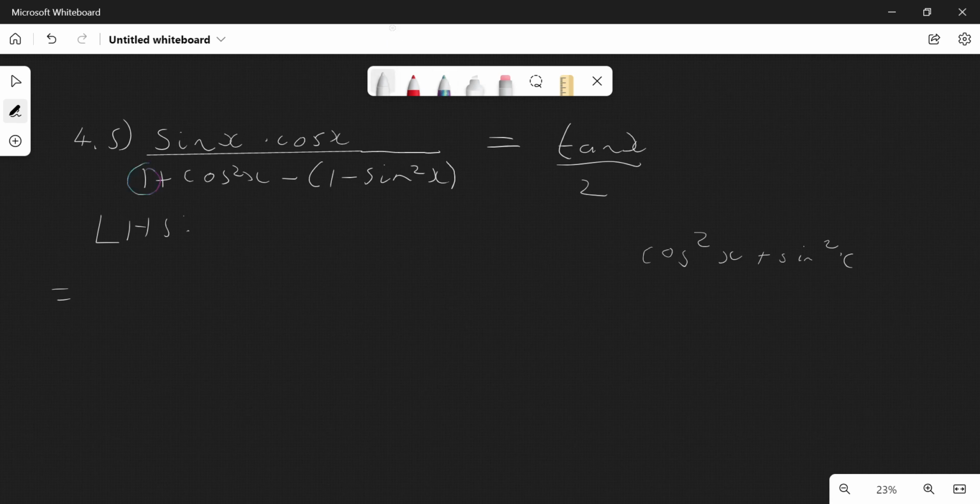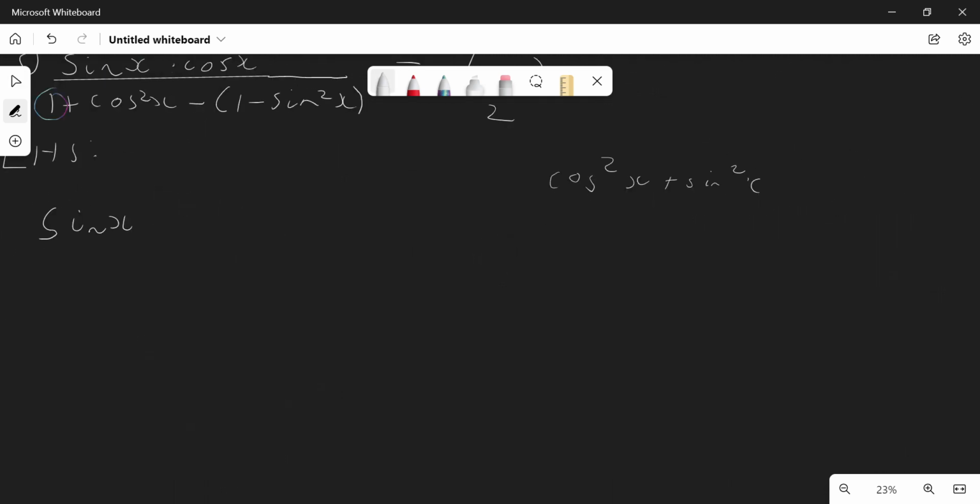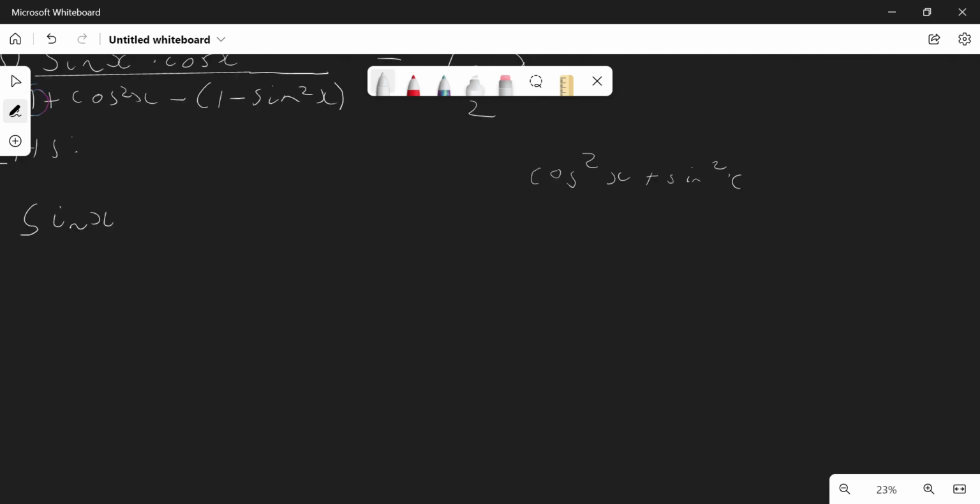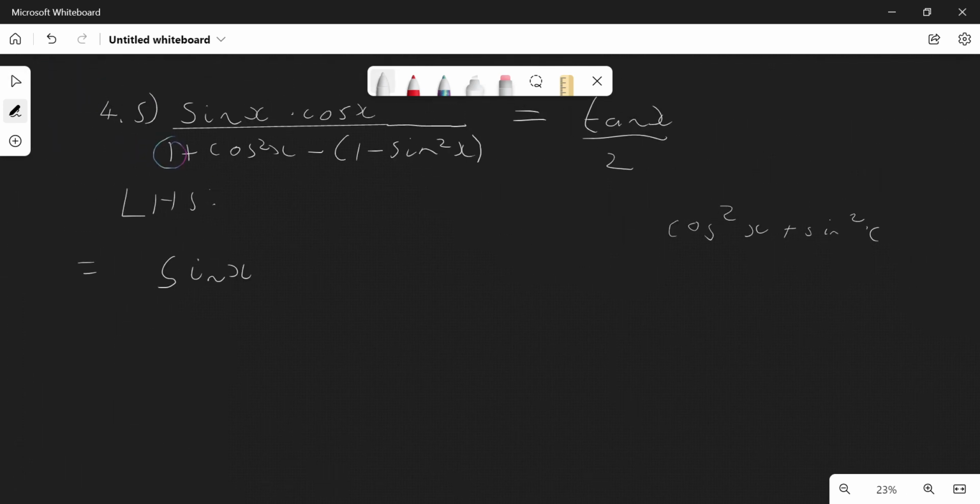All right, so let's go about it. So we have sine x times cos x, that is over this, and then I converted that one there using my identity.